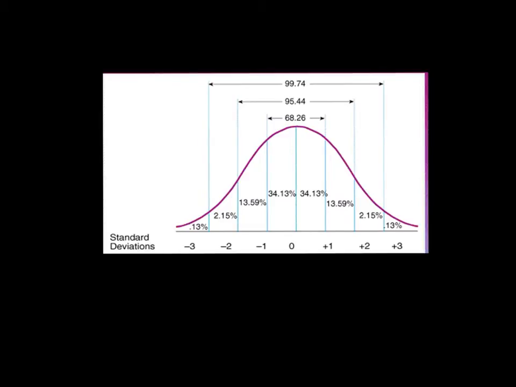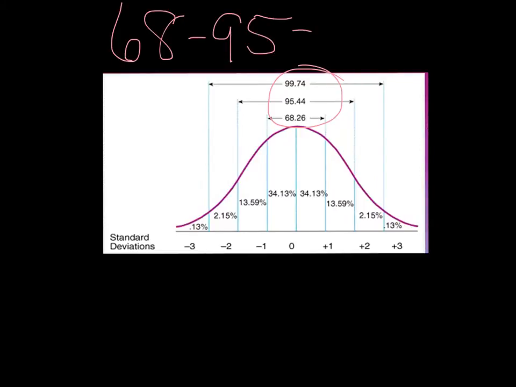The first thing you want to see is the three numbers that are on top, these three right here. And truncating them, you have 68, 95, and 99.7. And that is the name of a rule. It's called the 68, 95, 99.7 rule. Pretty simple little name to remember.